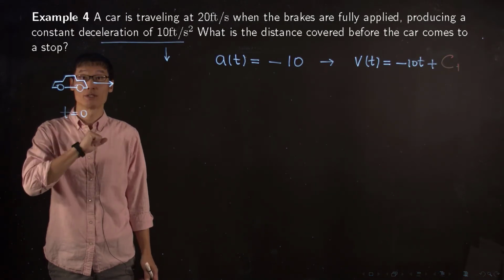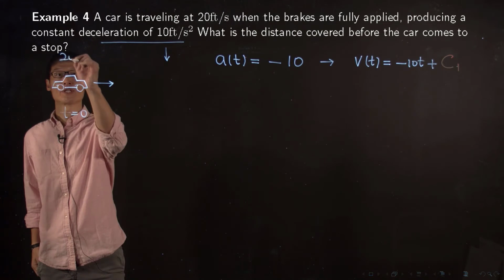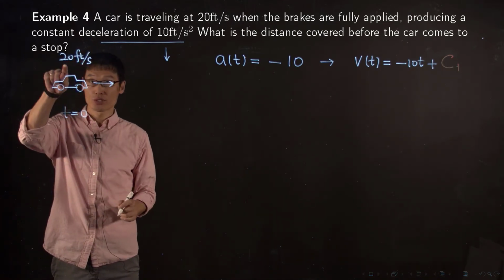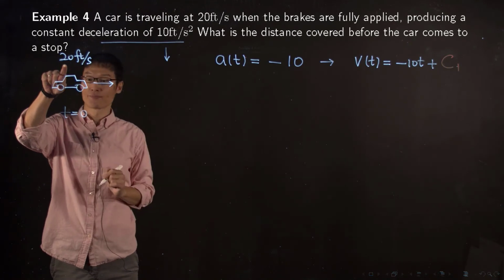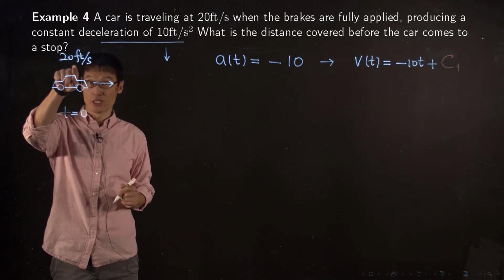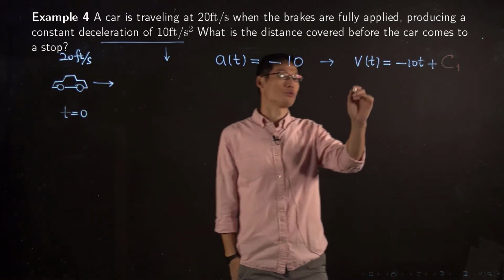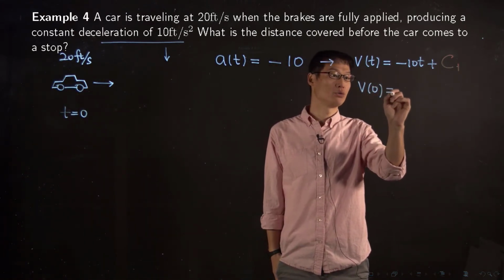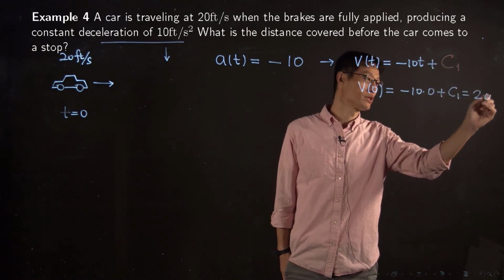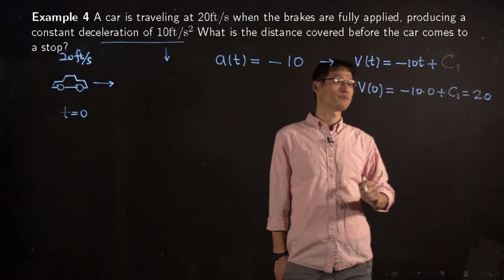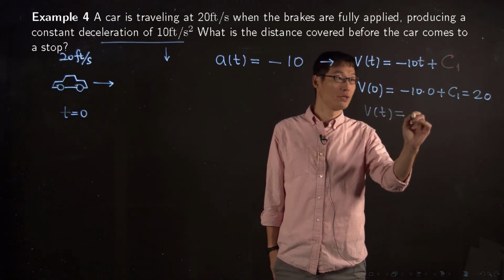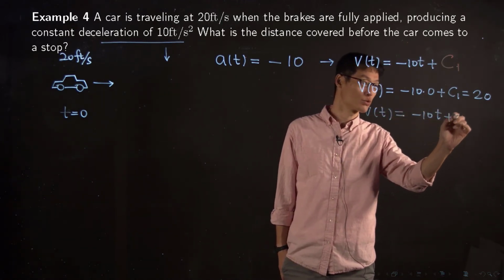At that moment, speed is given as 20 feet per second. So we can use this condition to determine c1. When t equals 0, velocity is 20. So v of 0 is 20, so c1 is 20. Good. So we have negative 10t plus 20.